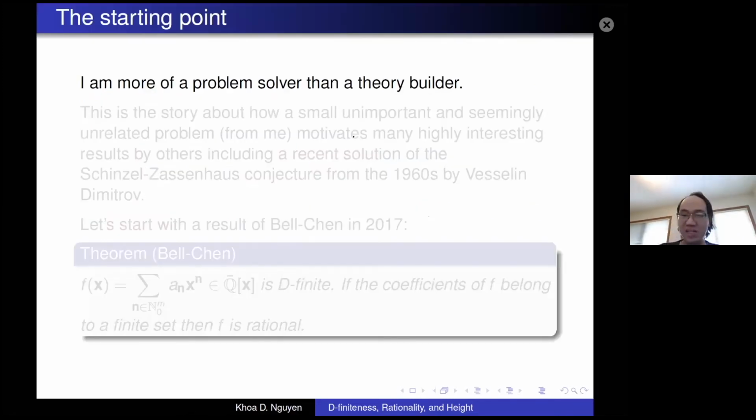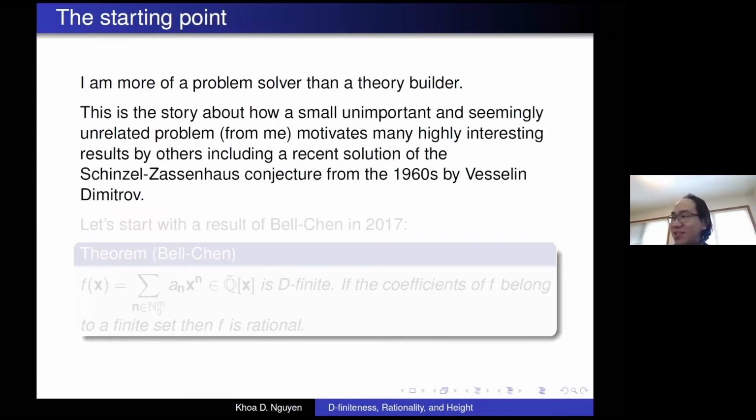All right. So I'm more of a problem solver, so let's see an interesting problem that I can solve. I'll try to do it. As you will see, this is the story about a small problem. To clarify, the small and unimportant problems are from me, but the highly interesting and more important results are from other people.